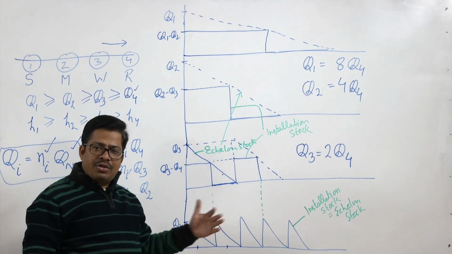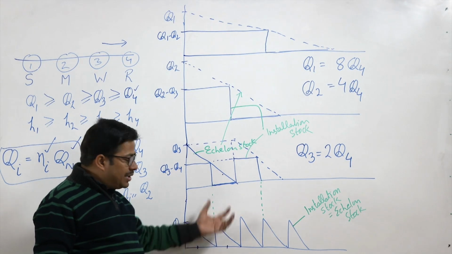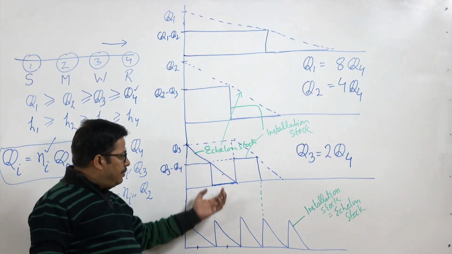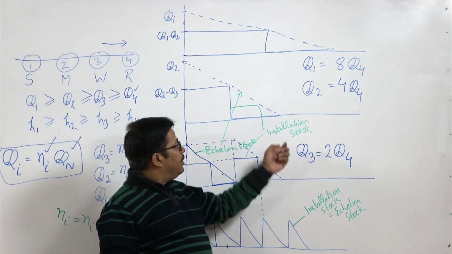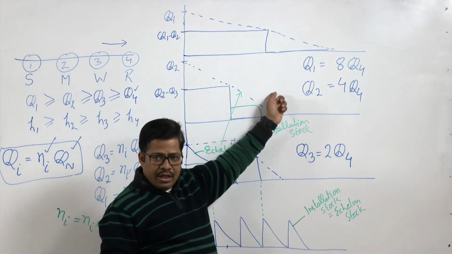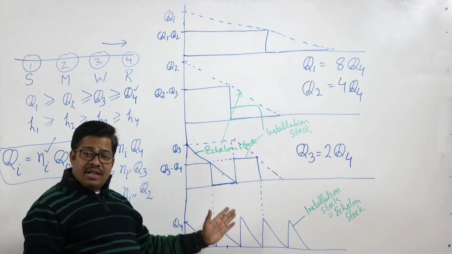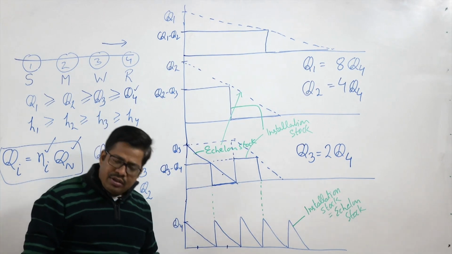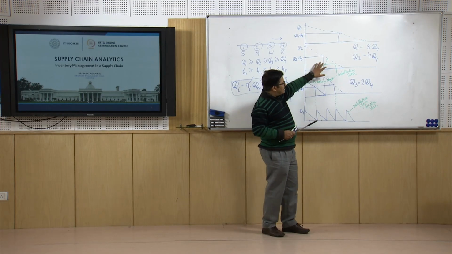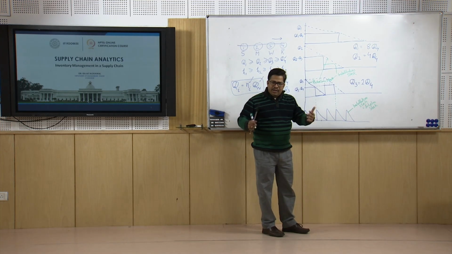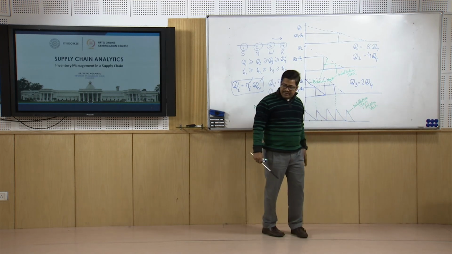But if it is not so, it will be difficult for me to develop this type of relationship. 2 cycles will make 1 cycle of this, but 3 cycles of stage 2 will make 1 cycle of stage 1, and then it will be difficult to have the same starting and ending date. As a result, either I will have more inventories at this stage or I will run out of stock for one complete cycle if I want to match this type of analysis.